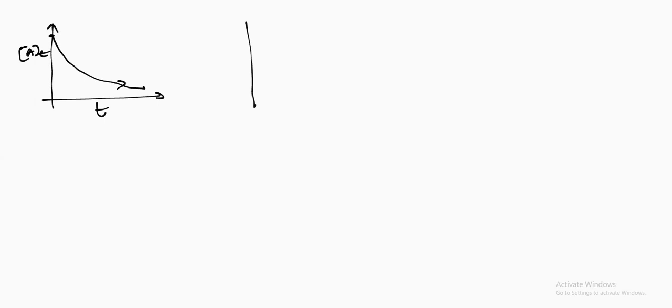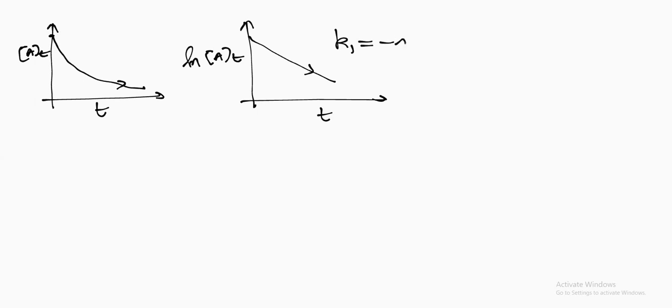Then if I plot ln A_t versus t, we'll get a straight line with a negative slope. In this case, from the slope you can calculate the rate constant. Rate constant is nothing but the negative of the slope of the straight line. You find the slope, change the sign, you will get k1.